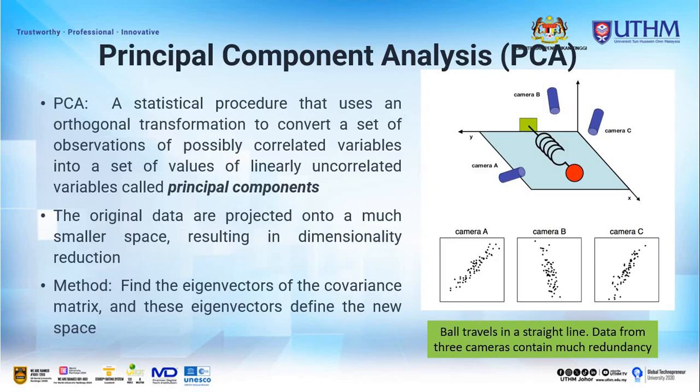When we say higher dimensional space, it's more than 2 or 3 dimensions; there is a possibility of an even higher number of dimensions. Here the PCA helps to identify the underlying one-dimensional trend, the direction of the ball's movement. It projects the data onto this lower dimensional space, efficiently reducing redundancy.